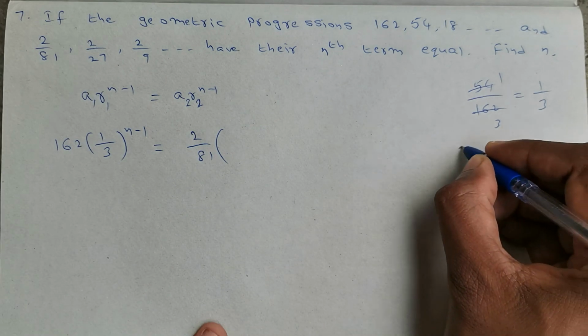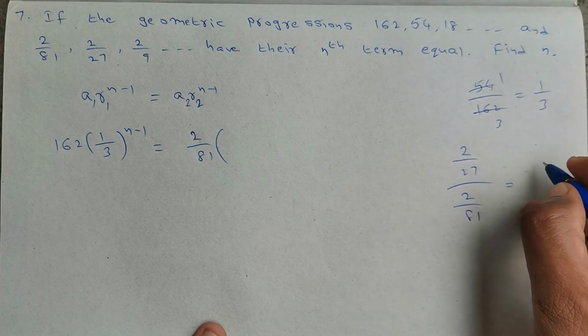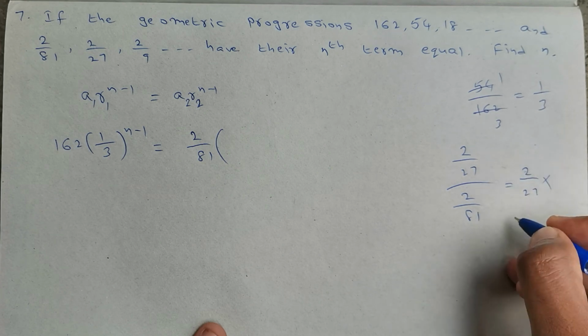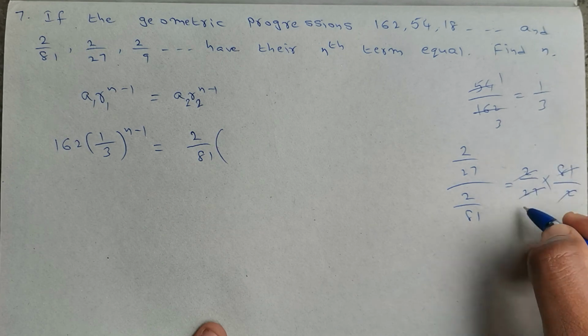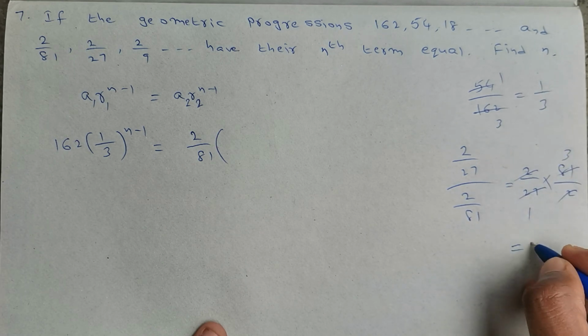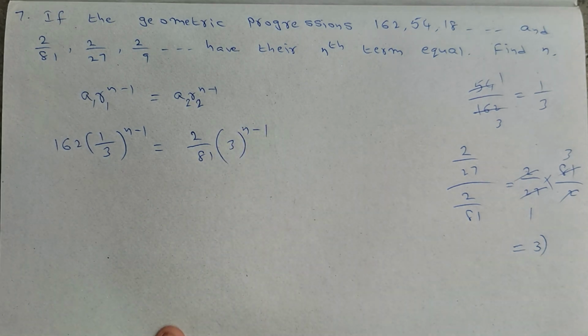Second term 2 by 27 divided by first term 2 by 81. Here 2 by 27 as it is into reciprocal 81 by 2. 2 2 cancel, 27 ones are 27, threes are, so it is equal to 3. 3 power n minus 1.